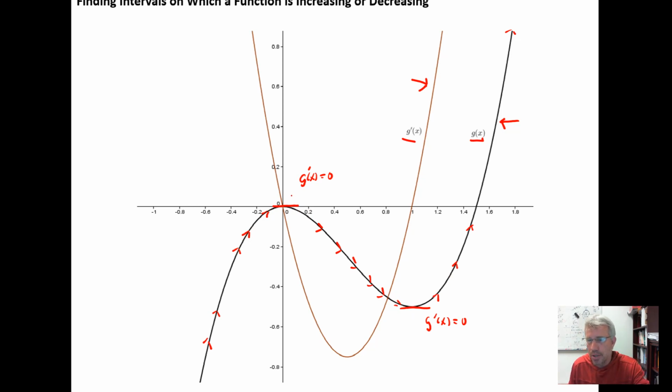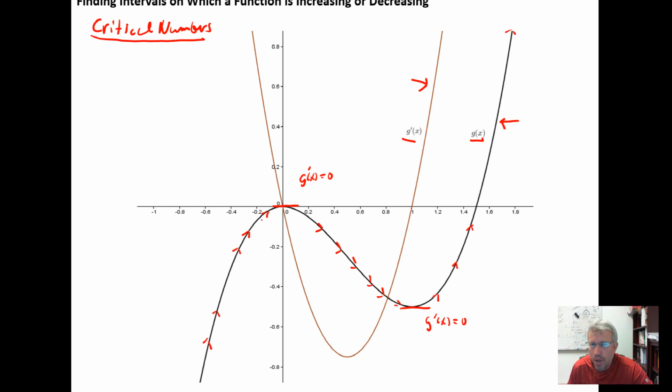And remember that when the derivative is equal to 0, the x value that gives us a derivative equal to 0 is what we call a critical number. So we've already looked at calculating critical numbers. And critical numbers were either places where the derivative was equal to 0 or undefined.